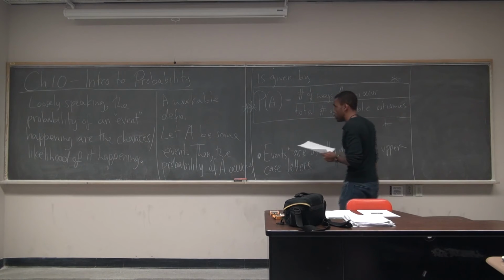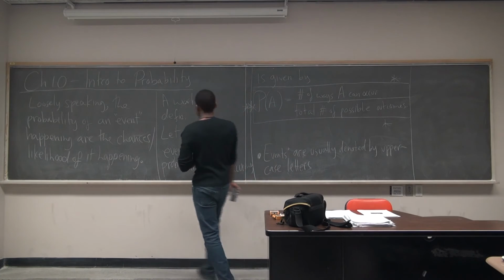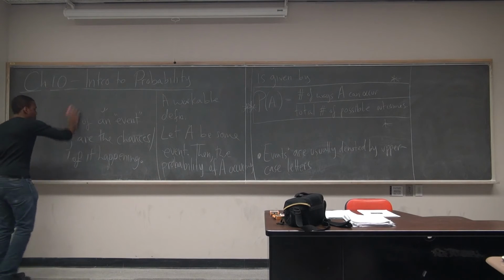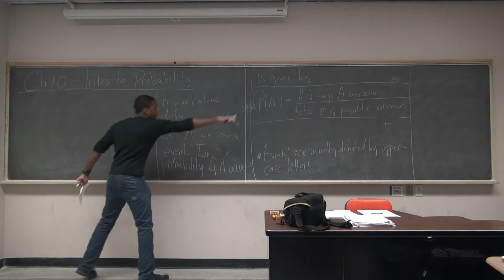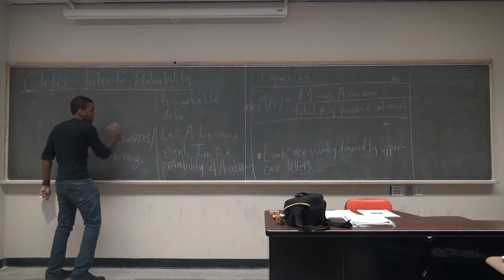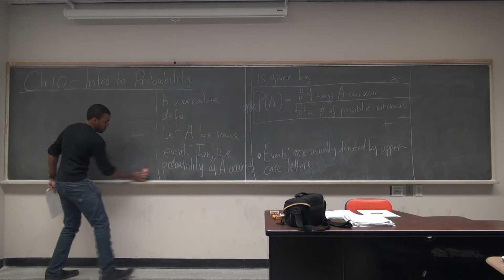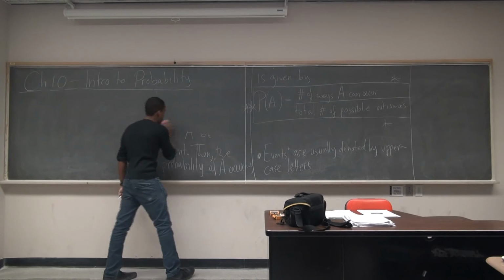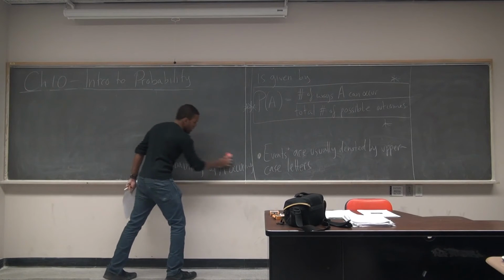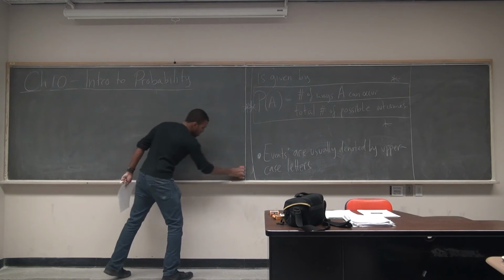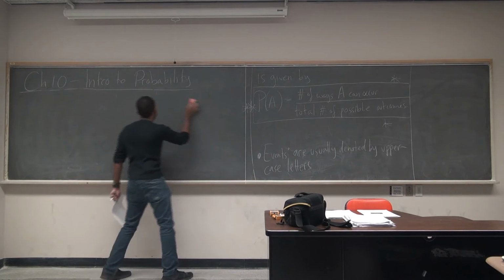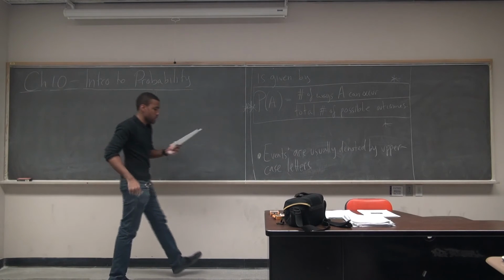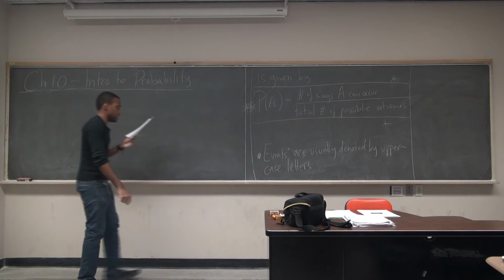Let's actually do an example. This is basically what probability is, the chances of something happening. A lot of times we can use that equation to come up with a probability if we're not given the probability. Just assume all possible outcomes are equally likely to happen, and then you figure out the number of ways that what you're looking for can possibly happen over the total number of possibilities. And that gives you a probability, or at least a close approximation of a probability.